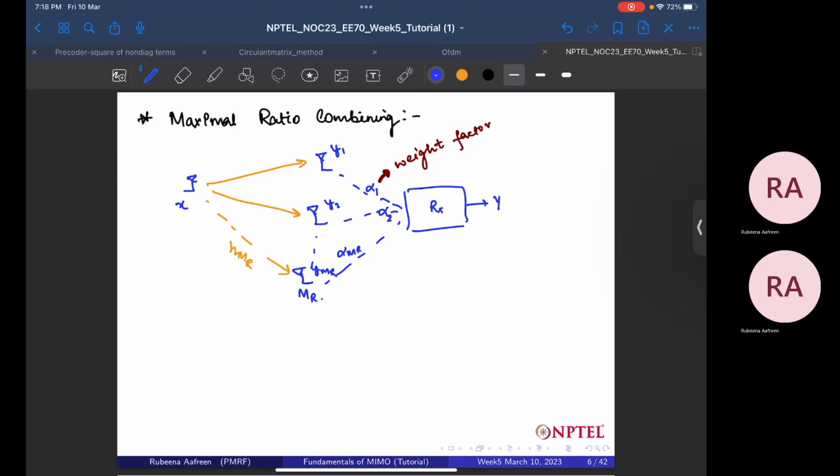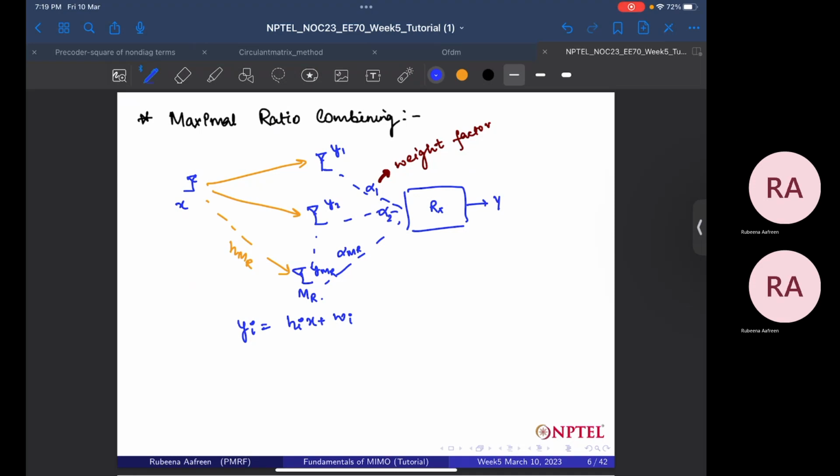So the output at any ith antenna will be similar to the previous one, right? HiX plus Wi. After we get this Y, we process it. We multiply with alpha. Here we get all the Y's, and after that we multiply them with their weight factors.